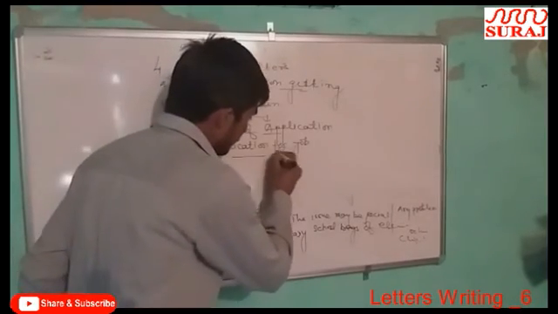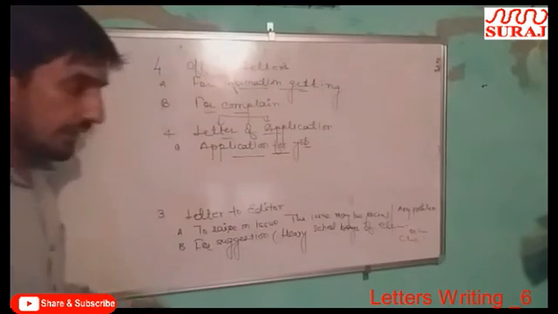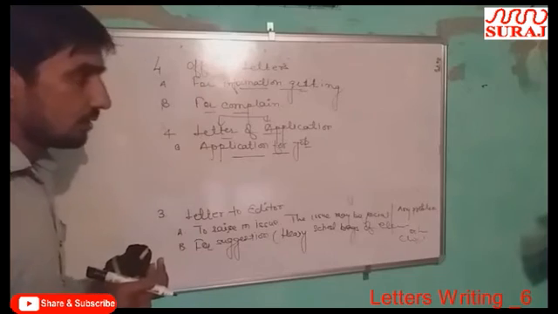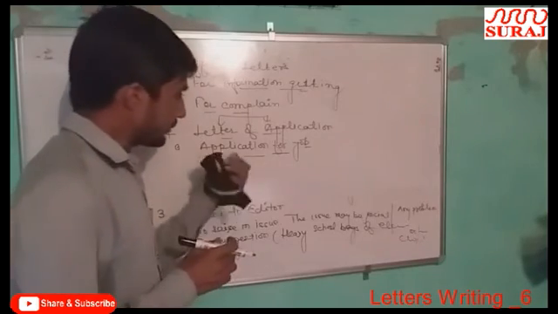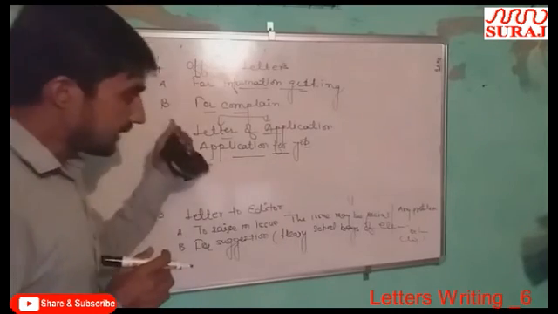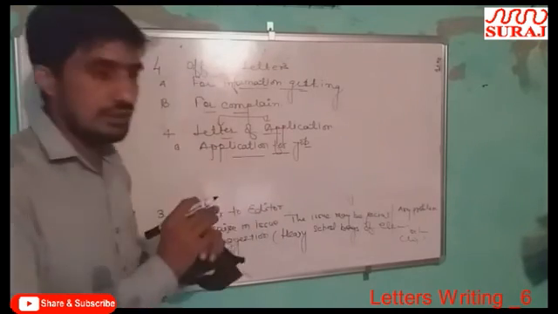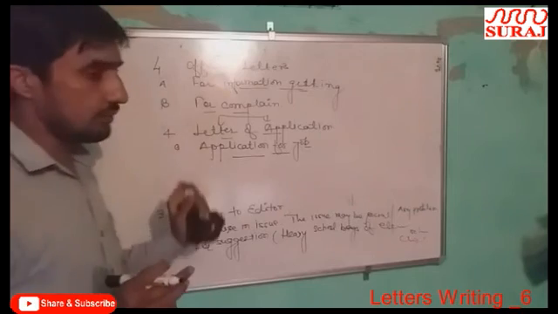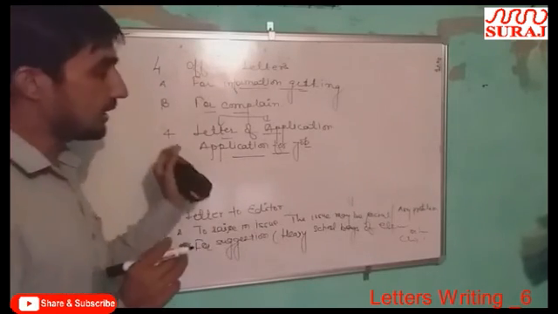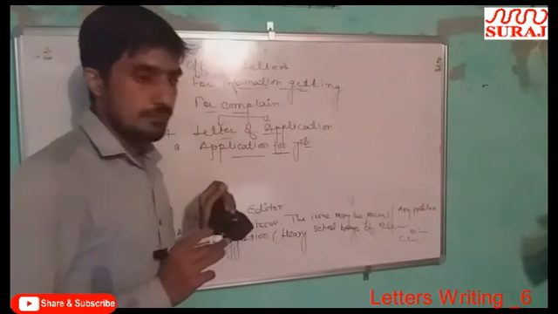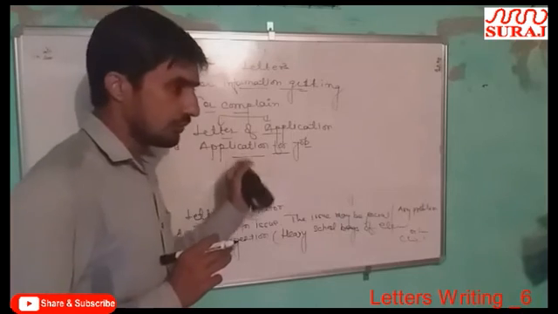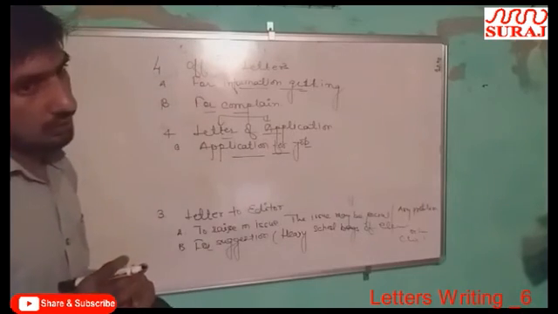Application for job, that you also want a job as a teacher, as an engineer, as a manager, as a clerk, you write a letter to the relevant company, to the editor, which is also given in the outline. You also give entire information according to the outline. Suppose there is a particular address, you also follow the same address, and you also give entire detail as per outline.